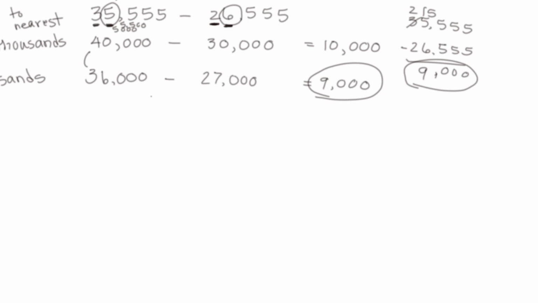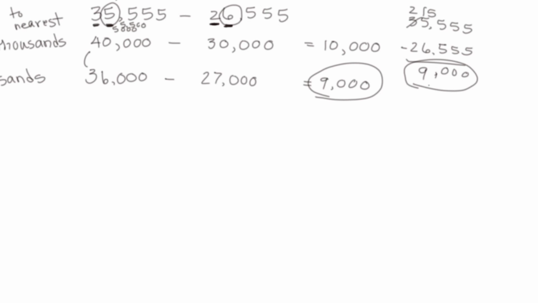So the mental math is a little bit more difficult in the thousands. And basically, the fewer numbers you change, the closer the estimate's going to be. In the thousands, we only changed 4 numbers. In the 10,000s, we potentially changed 5 numbers. But the math is easy. So you kind of have a trade-off there.